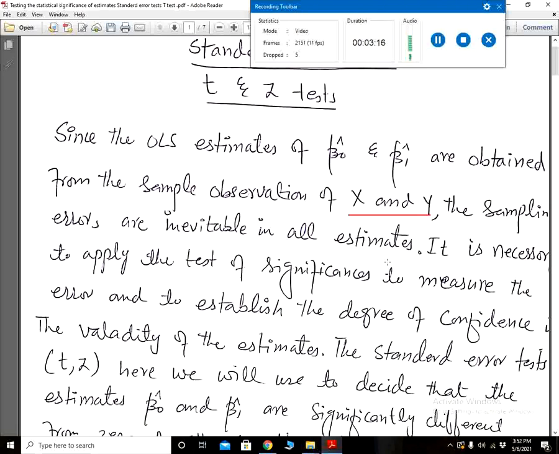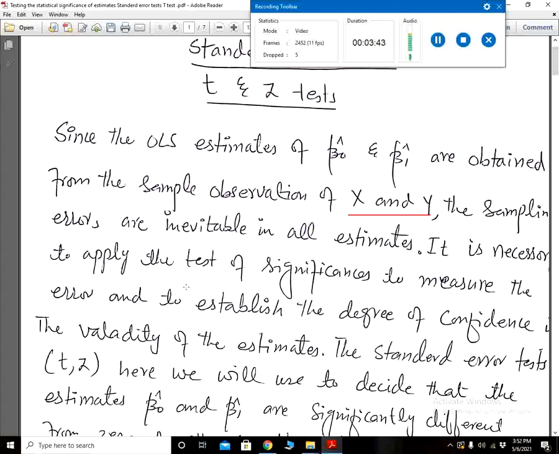So we stated that beta naught cap and beta 1 cap are variables that are normally distributed around the value of the population parameters beta naught and beta 1. So how much the beta naught cap and beta 1 cap are representative of beta naught and beta 1 will be gauged through statistical tests of significance.